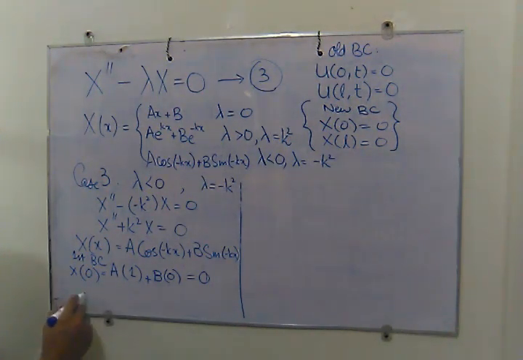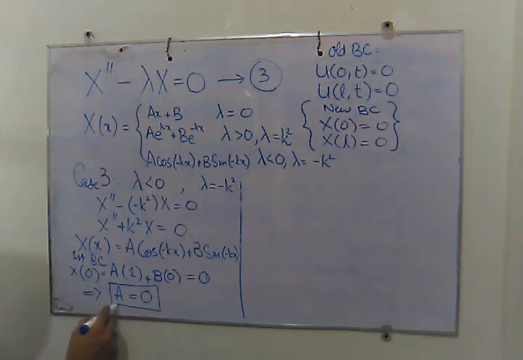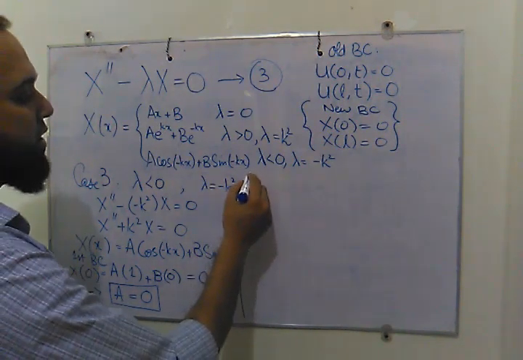This shows that a is equal to 0. Now we apply the second boundary condition.